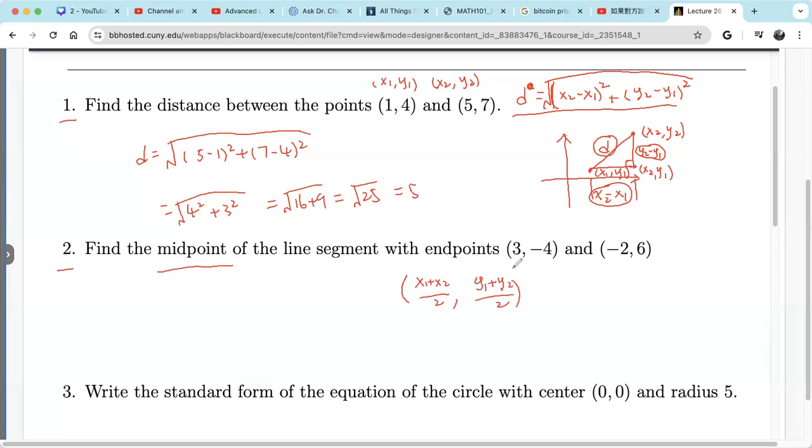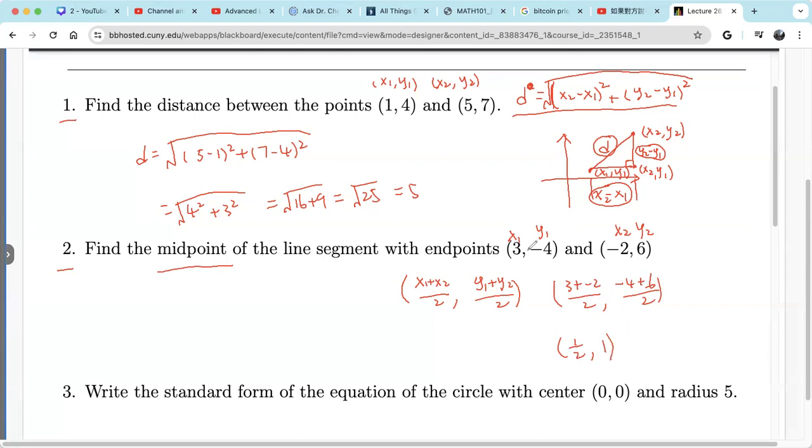In our case, let's call this x1, y1, x2, y2. So x1 plus x2 is 3 plus -2, divided by 2. Then y is -4 plus 6 divided by 2. 3 plus -2 is 3 minus 2, which is 1, so we're at half. -4 plus 6 is 2, and 2 divided by 2 is 1.